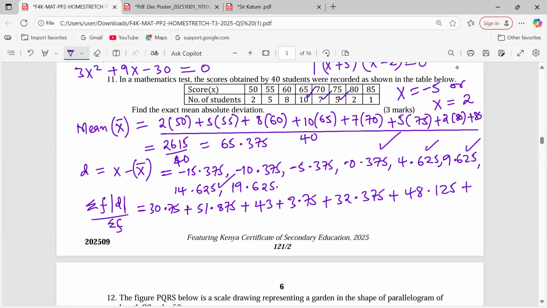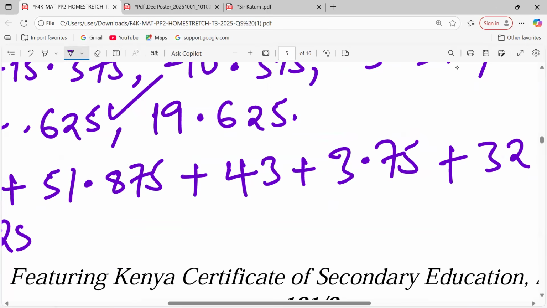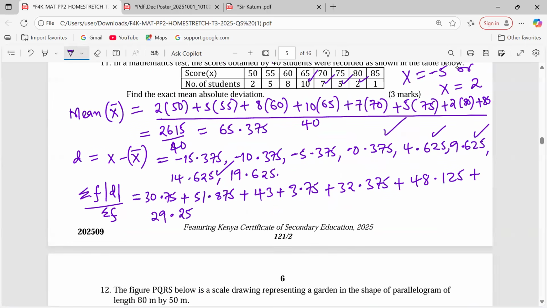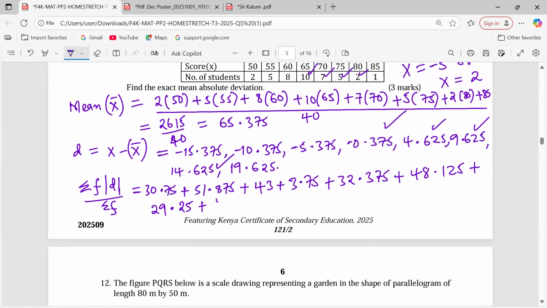This one times 2 students, which is 29.25. Then I add, go to the last deviation of 19.625. We have only 1 student with that. So after adding everything now, we shall divide by 40.